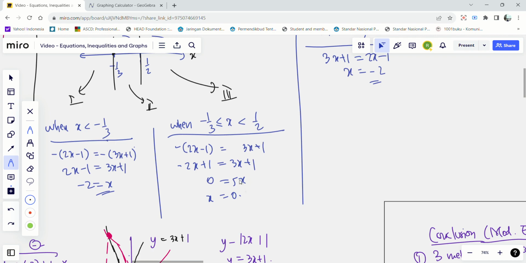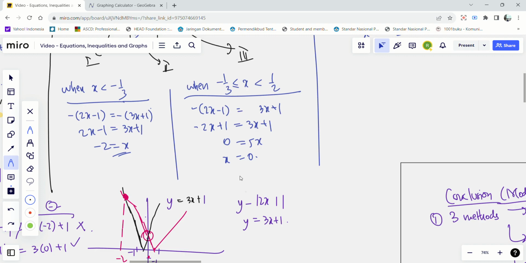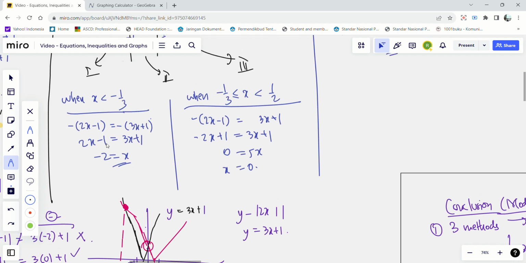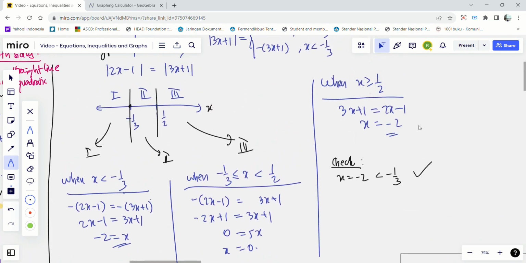Then what to do after that? Again, checking either by graph or by using the domain, the restriction. Like for this, let's say I'll do the checking here. X equals negative 2, it's less than negative 1/3. True. So that's why that's part of the solution. While here, this is not part of the solution because x equals negative 2 is actually less than half.